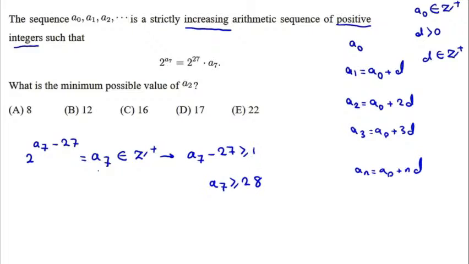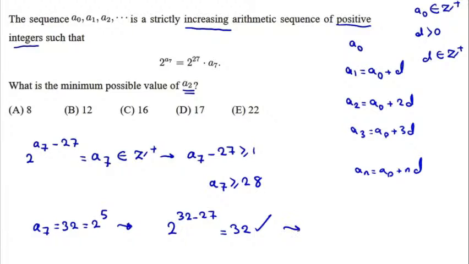And we want to find minimum A2. If you find minimum A2, then we can say minimum A7. So let's consider cases. A7 also should be a power of 2. So the first thing that we can find for A7: A7 equal to 32. It is 2 to the 5. So if we check, 2 to the 32 minus 27, is it equal to 32? We will see it's satisfied.